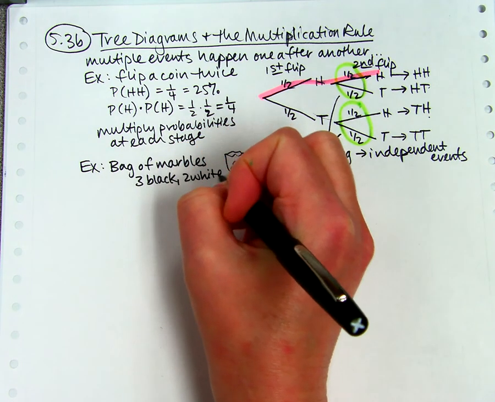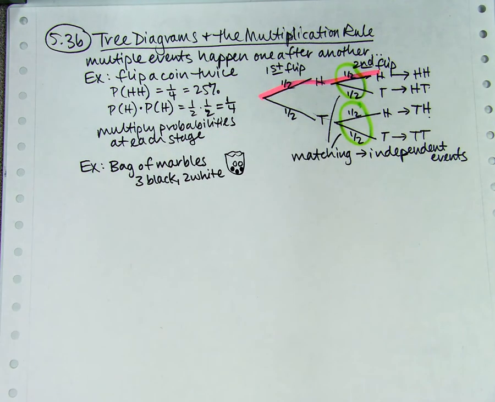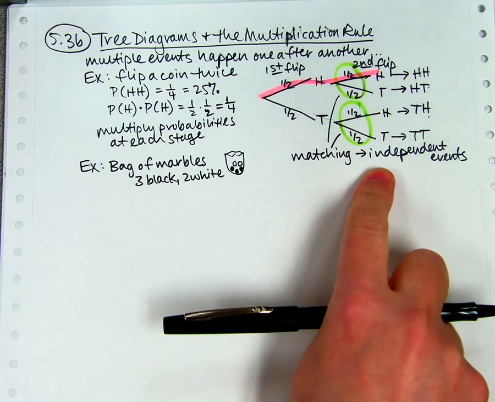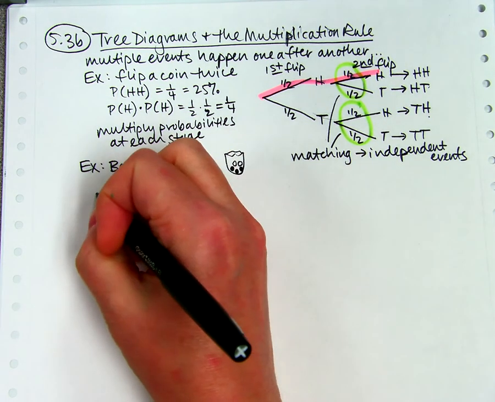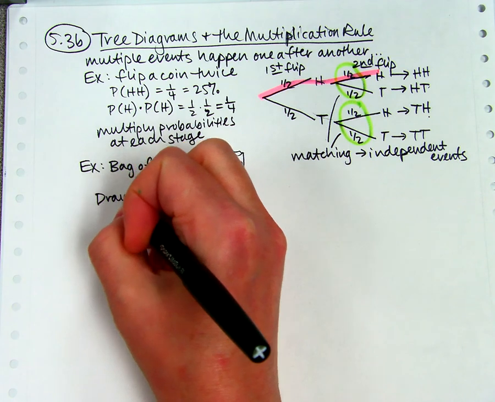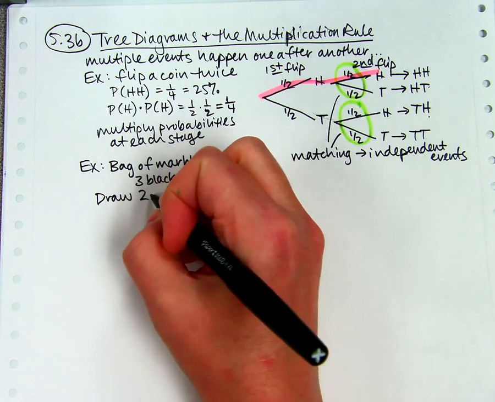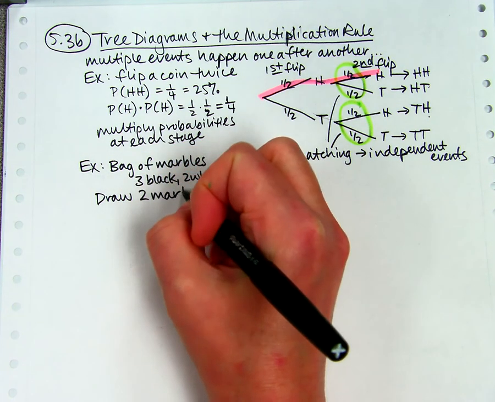It helps me to have the picture. And then for this next example, we're still going to do independent. So independent means I'm going to take 2 marbles out, but I'm going to put the first one back before I draw the second one. That's what makes it independent, because then the probabilities will be the same for each draw.